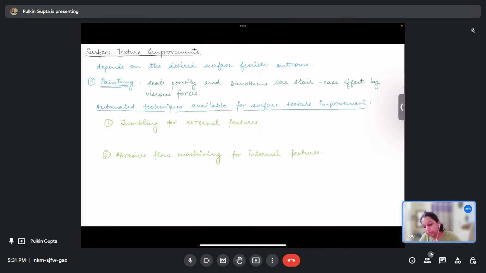It depends on what is the desired surface finish, how fine a surface you require. One method is painting, which is applying paint on the surfaces. This would seal all kinds of porosities, and it would also smoothen the staircase effect by the viscous forces, since paint is a highly viscous material that will stay in the cavities formed by the stairs.